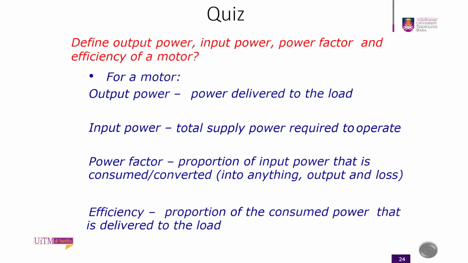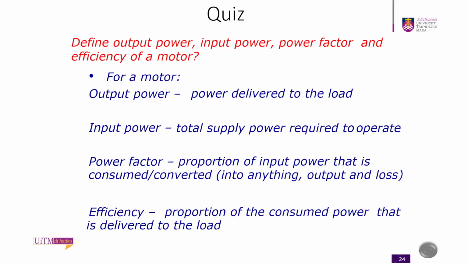If you look into the general definition of power factor, the equation of the power factor will be the average power or the real power that is delivered to the load, which is P, divided by the apparent power, which is S. Okay, so the power factor, you have to be careful. Power factor is not always cos theta.